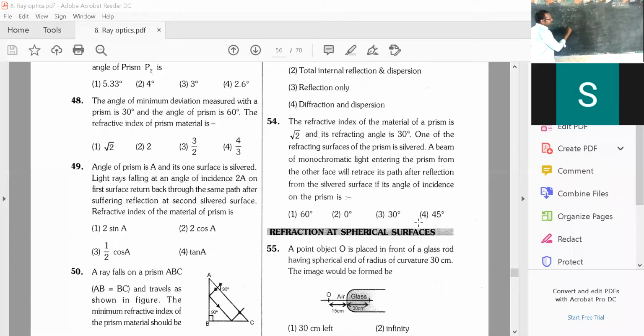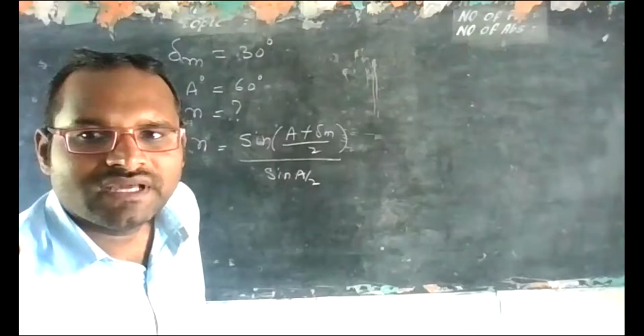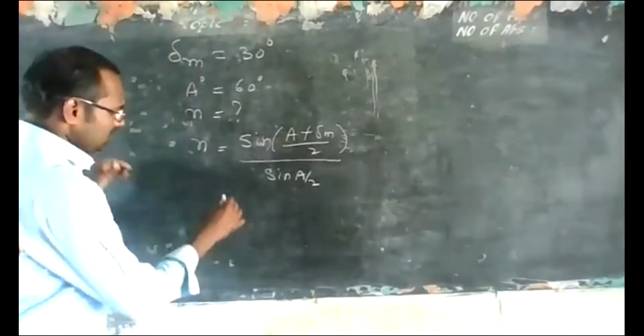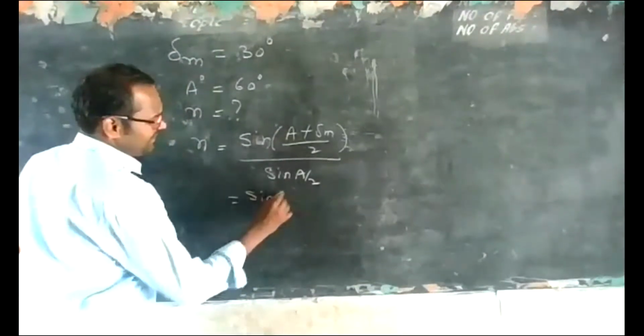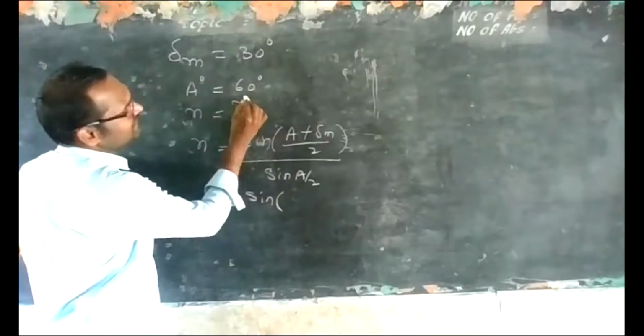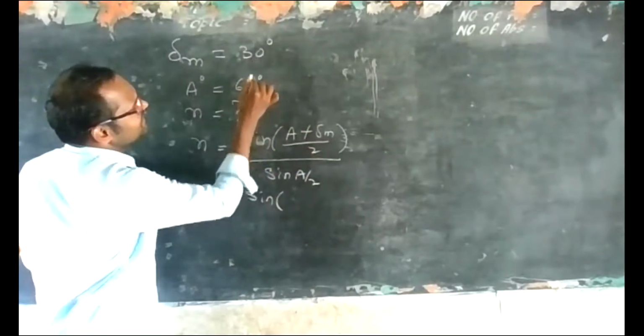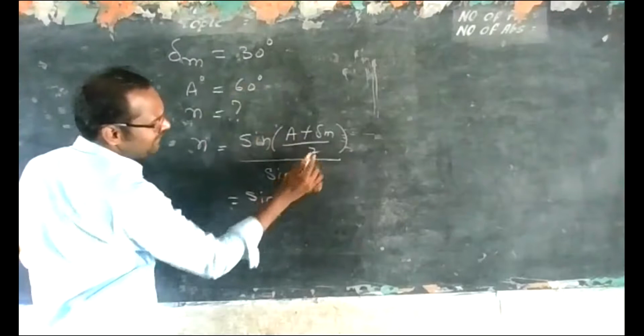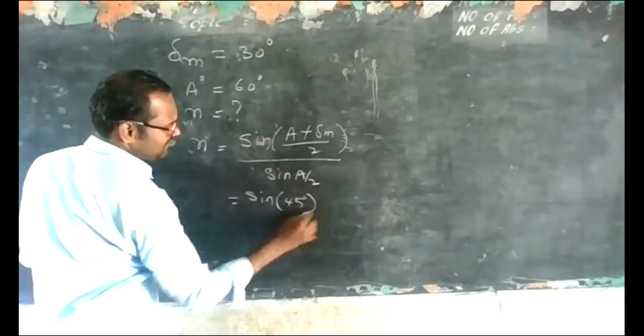Direct question. The formula for the refractive index of the prism is sin of (A plus delta minimum) by 2 upon sin A by 2. Can you see this board clearly? So A is 60 plus delta M is 30, that is 90. 90 by 2 is 45 degrees.